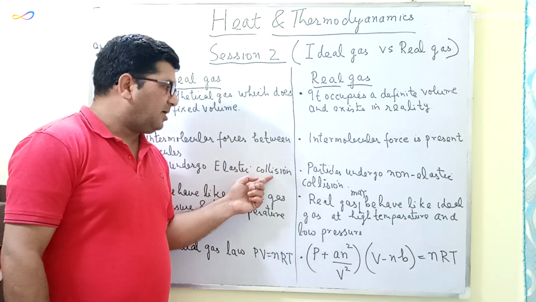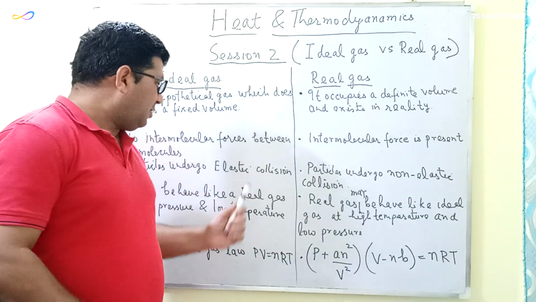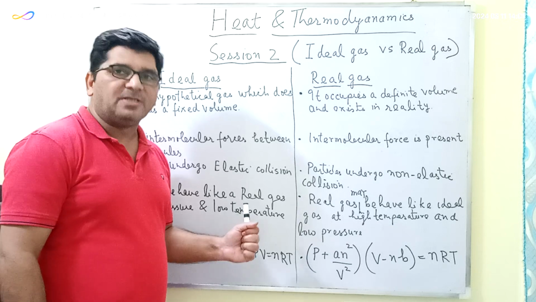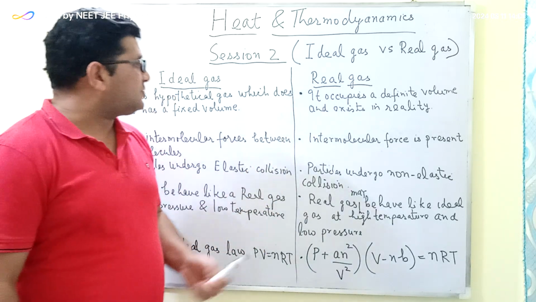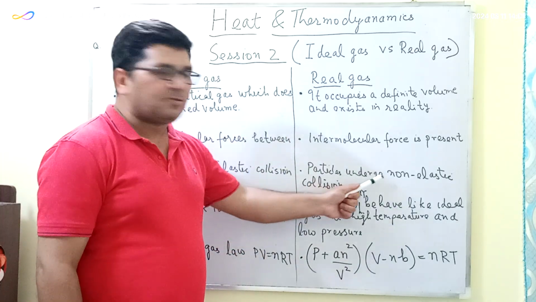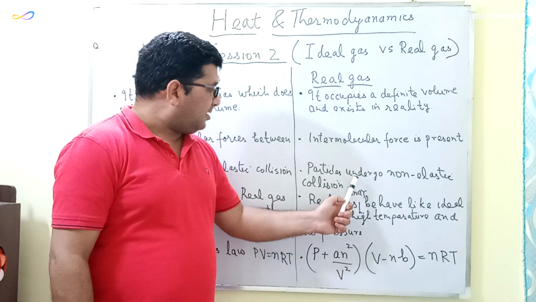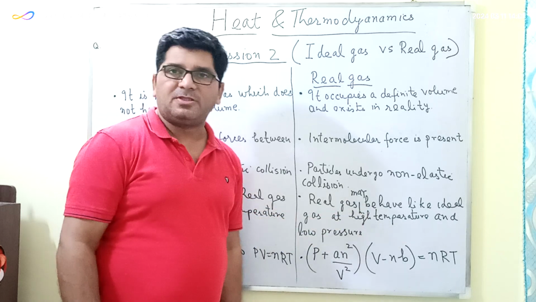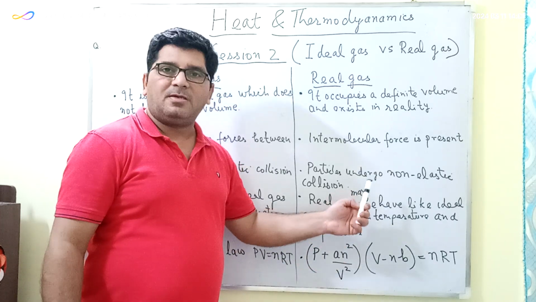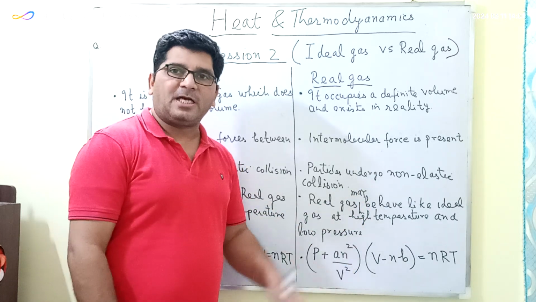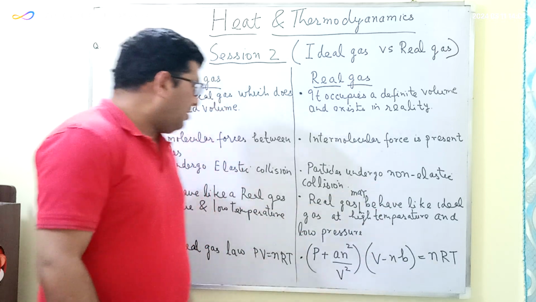Elastic collision means that the total kinetic energy before and after the collision remains the same. Whereas in the case of real gas, the particles undergo non-elastic collision, or we can say that the kinetic energy before the collision is not equal to the kinetic energy after the collision.